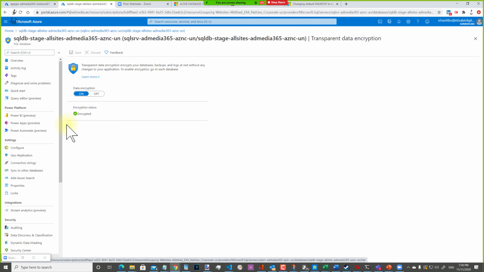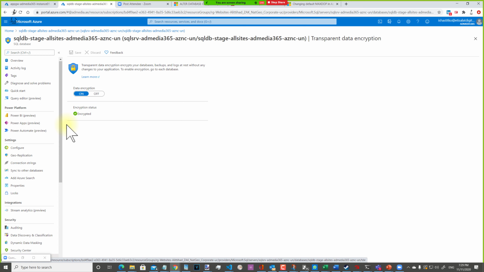You will need to copy your keys from UAE North to UAE Central and use the UAE Central copied key for the second server where you're planning to restore your database. Only this way it will work correctly.